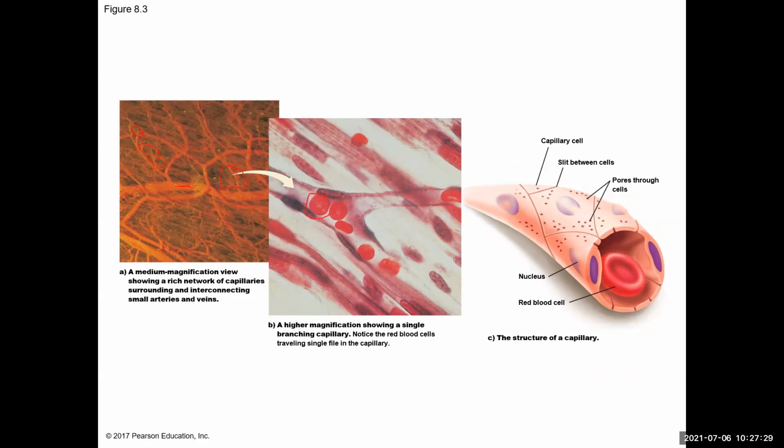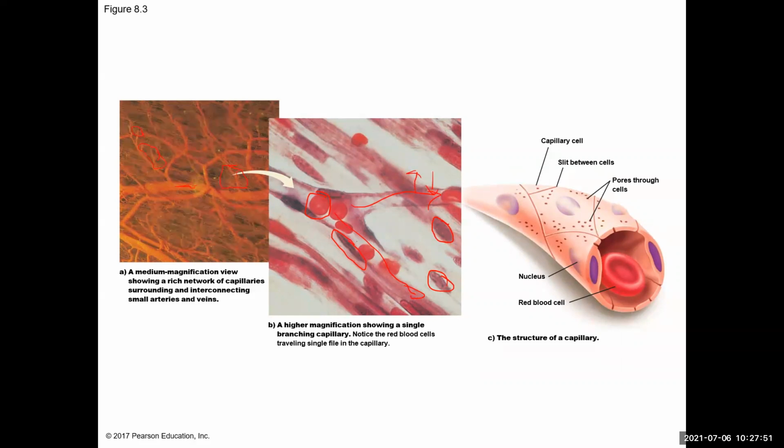You actually can see the red blood cells inside. You can see the nucleus, right? There's a nucleus. There's a nucleus. And these red blood cells are traveling through those capillaries and exchanging material with the interstitial fluid.